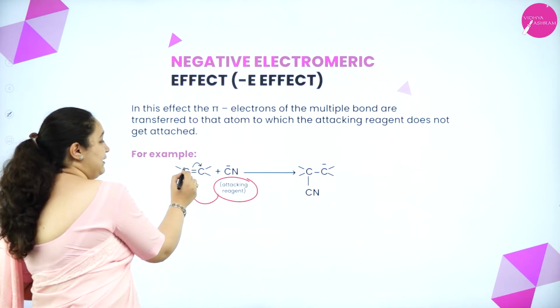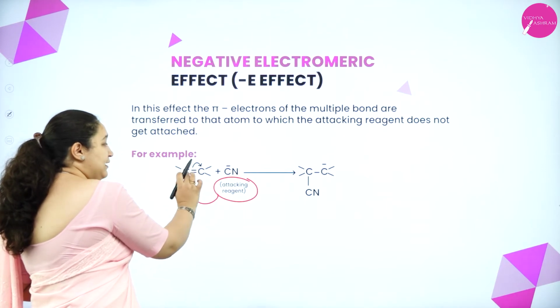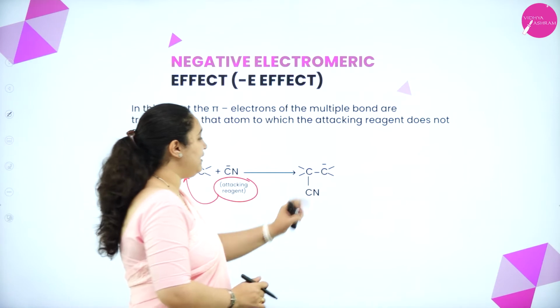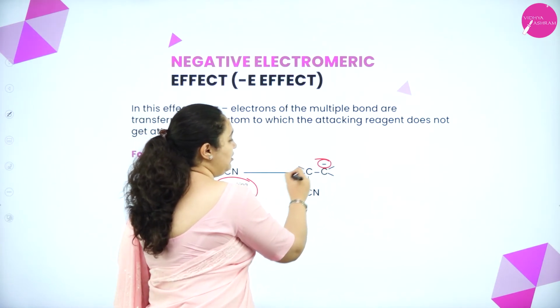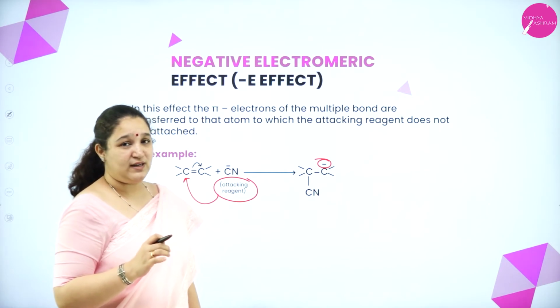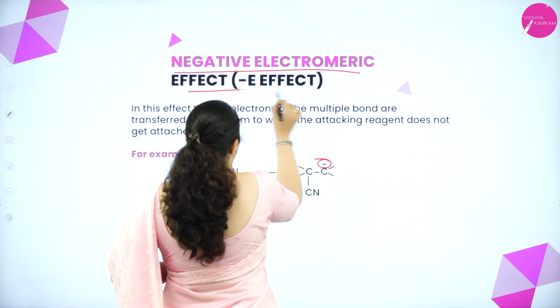So this carbon atom to which the attacking reagent attaches will push the electron to the neighboring carbon atom. And the neighboring carbon atom gets one extra electron and gets the negative charge. This type of effect we call the negative electromeric effect.